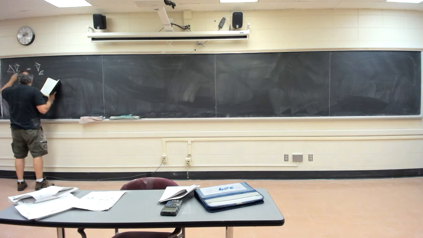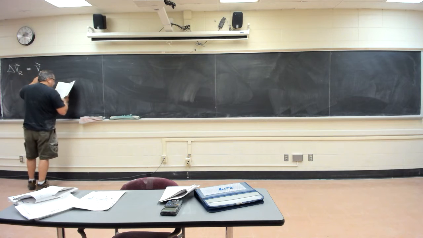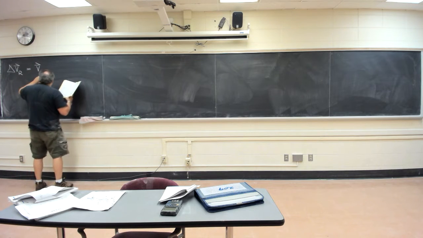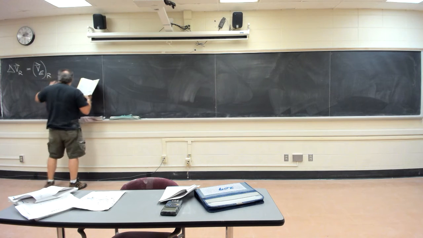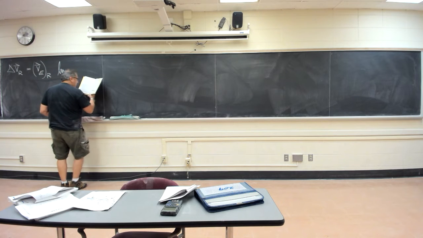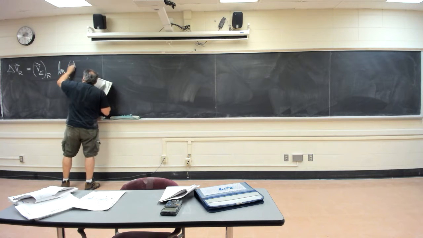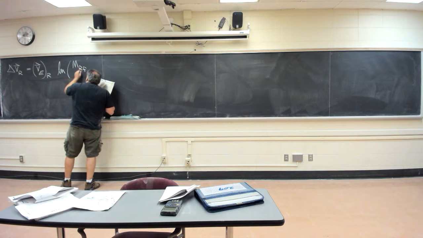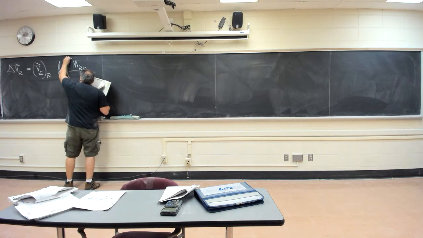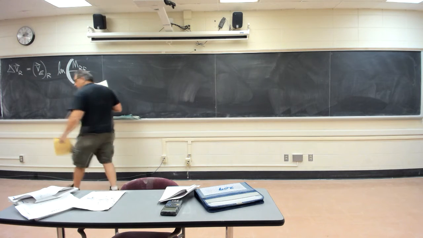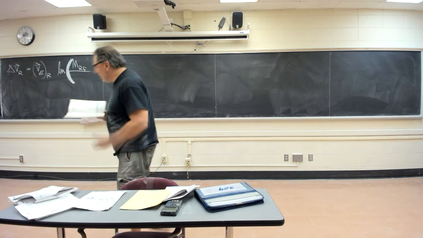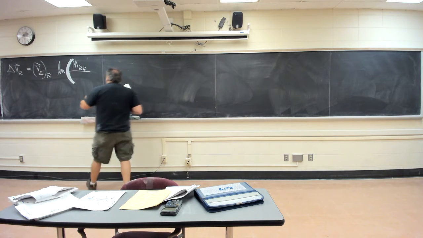The change in the rocket's velocity is equal to the velocity of the exhaust relative to the rocket times the natural logarithm of the mass of the rocket final, after all the fuel that's being burnt has been burnt, divided by the initial mass.